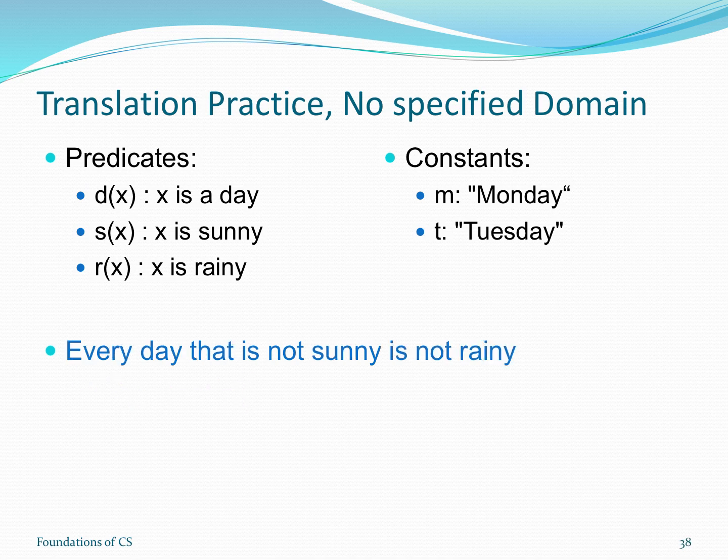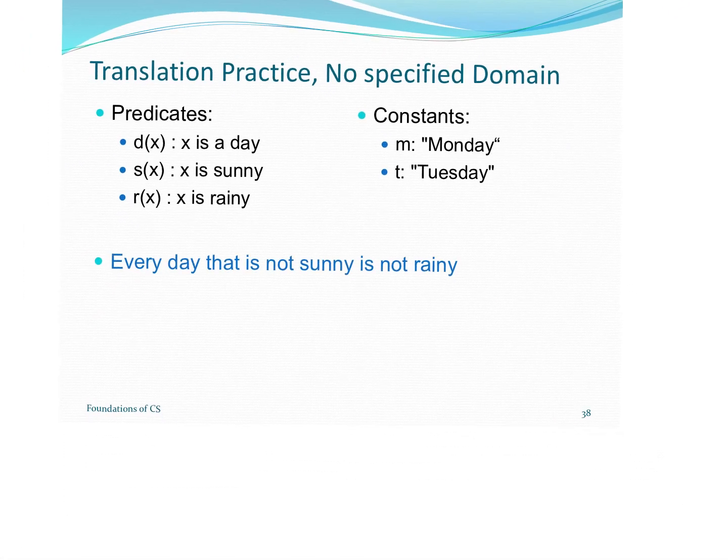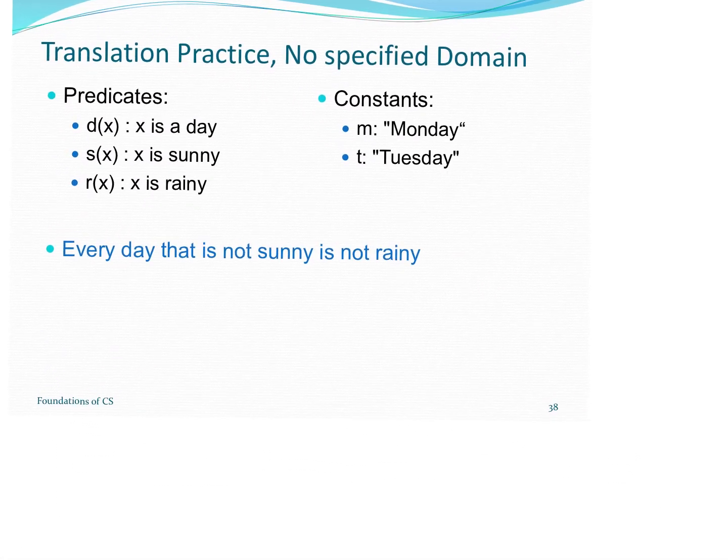All right, let's look at this one. Again, remember, no specified domain. So every day that is not sunny is not rainy. And we might want to think about translating that, since we have no specified domain, into a little bit more clear English.